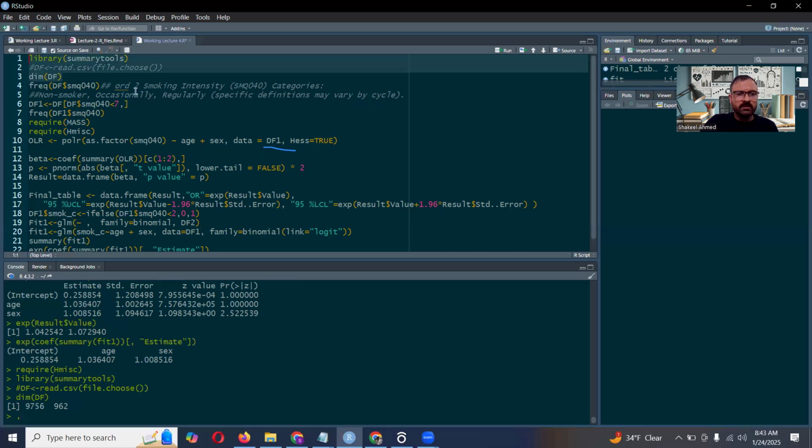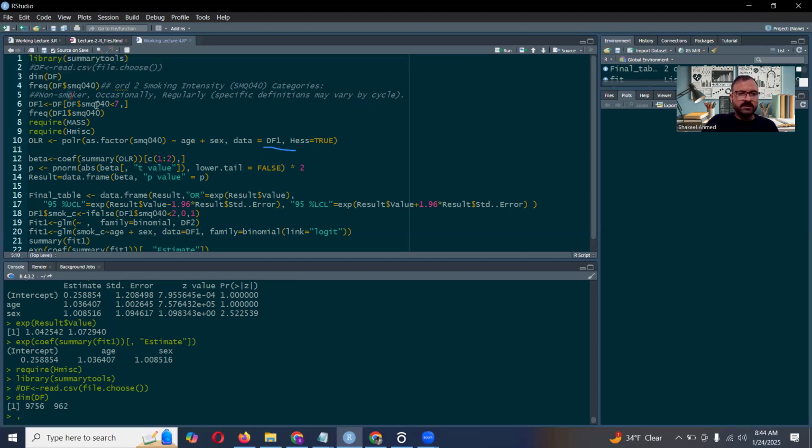The ordinal variable I am taking as an example is smoking intensity. That is an ordinal variable with three categories: non-smoker, occasionally smokes, or regular smoker. So there are three categories, and these three categories are ordinal, meaning the lowest one is non-smoker, then occasionally, and then regularly, according to smoking intensity.